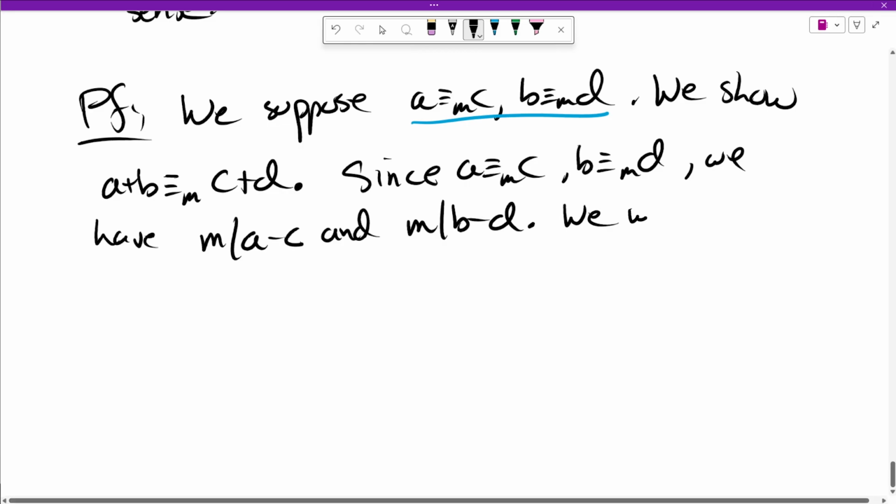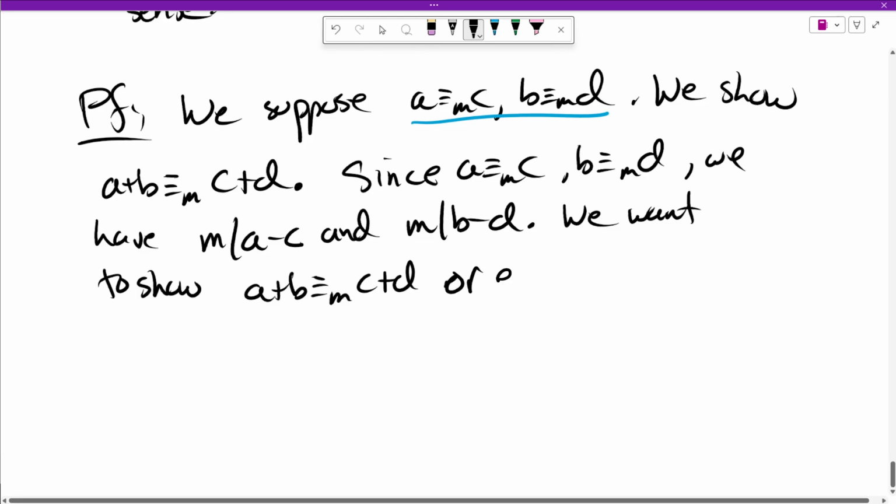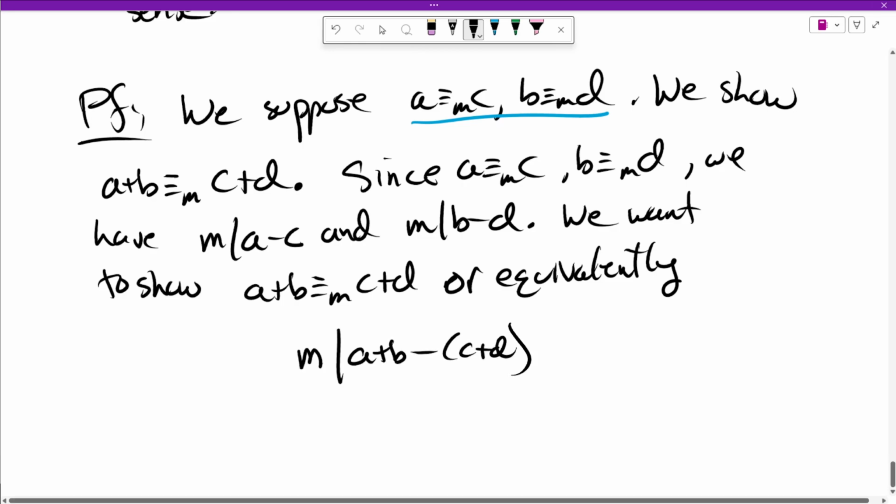So we want to show A plus B is congruent mod m to C plus D, which is equivalent to, this is just the definition, m divides A plus B minus (C plus D). And this is saying m divides (A minus C) plus (B minus D) if we distribute that negative through and then associate terms.